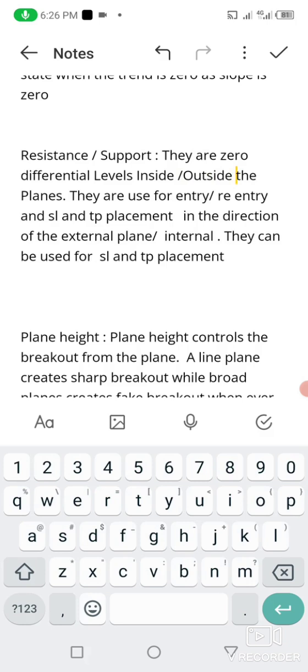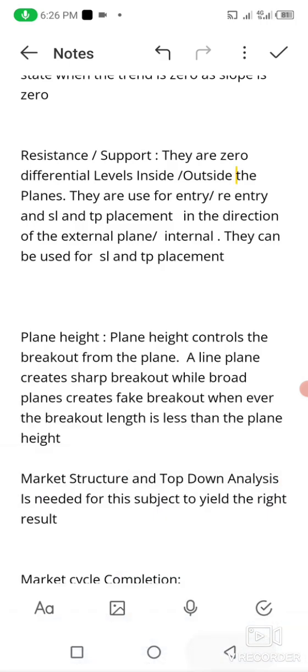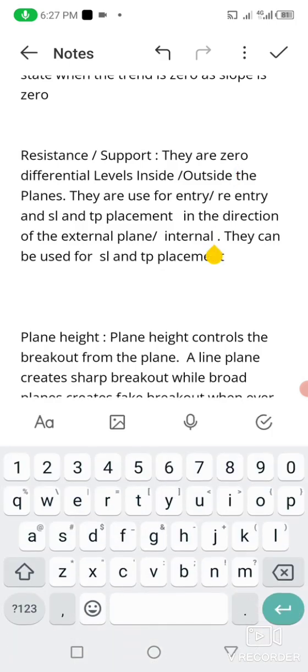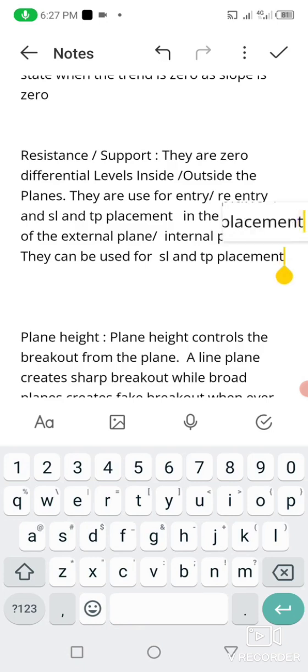They are used for entry or re-entry and SL and take profit placements, in the direction of the external plane or internal plane. That's good. They can be used for SL and TP placement, which I have already said.